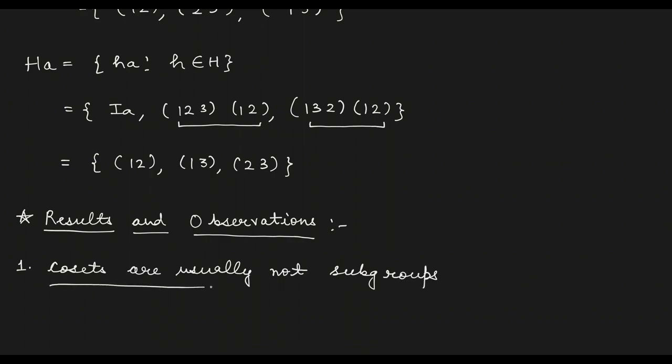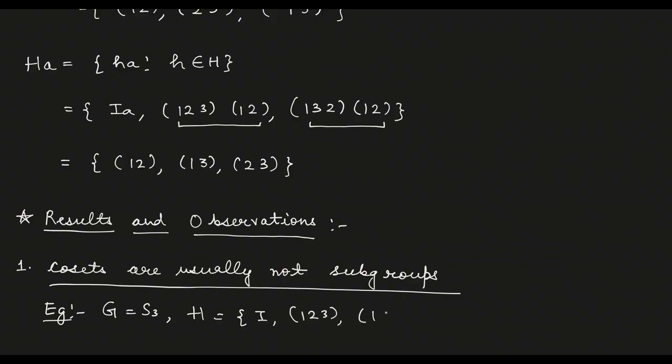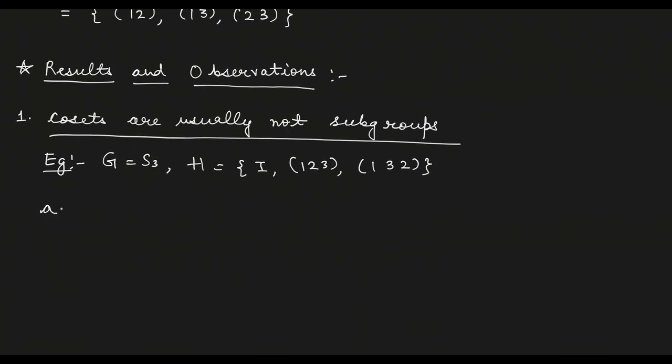For example, if I take the previous example only, where G was S3, H was {identity, (1 2 3), (1 3 2)}, element a was (1 2), aH is equal to {(1 2), (2 3), (1 3)}. So this is a coset, but this is not a subgroup.